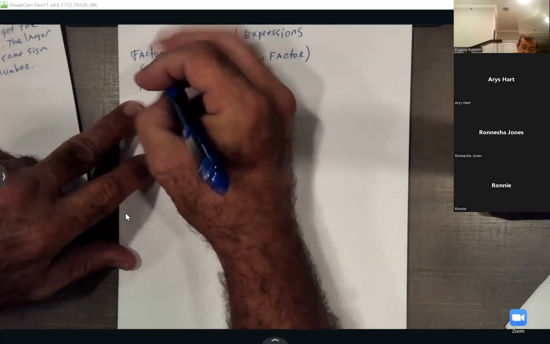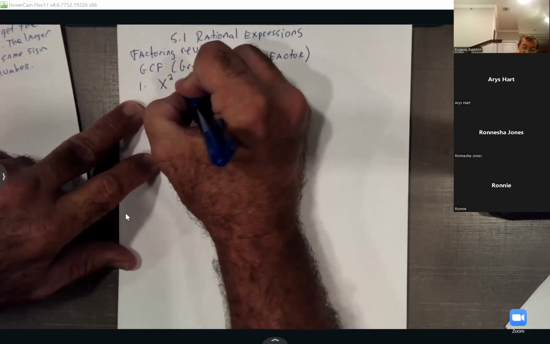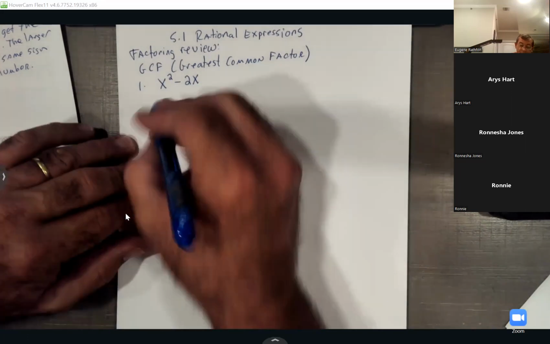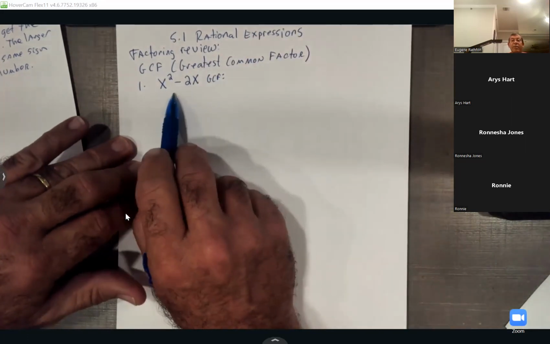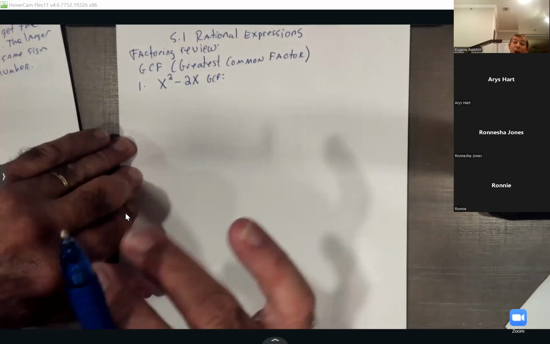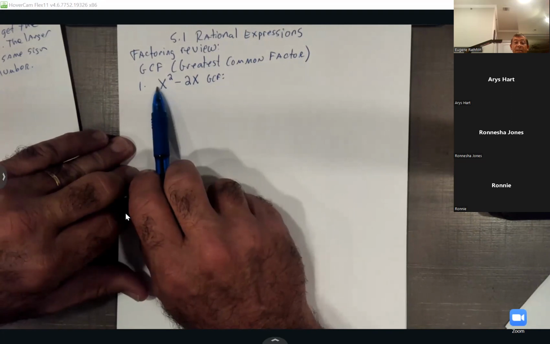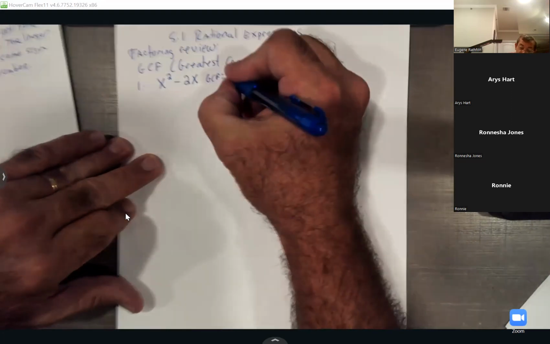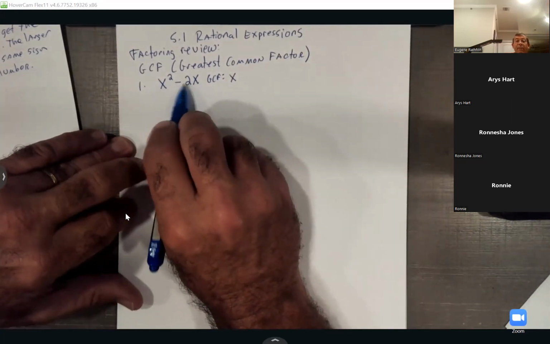So some examples of doing that would be x squared minus 2x. The greatest common factor of these two terms is the largest factor that they have in common. So this one's basically nothing but two x's. This one's a 2 and an x. So the greatest common factor they have in common would be 1x that they both have.